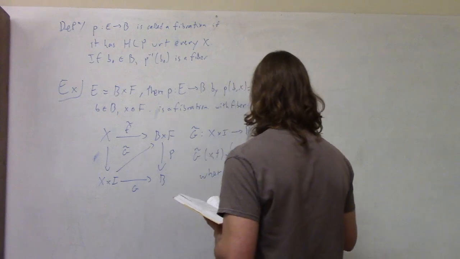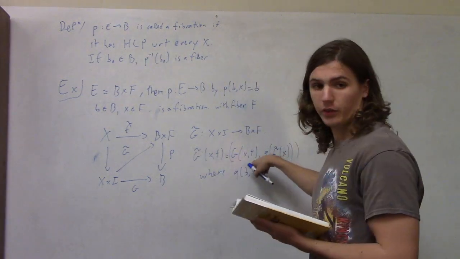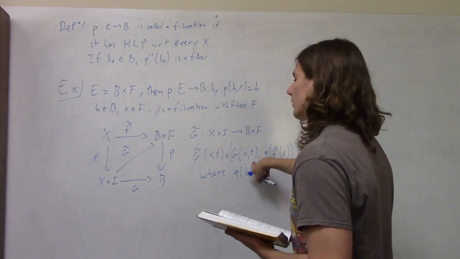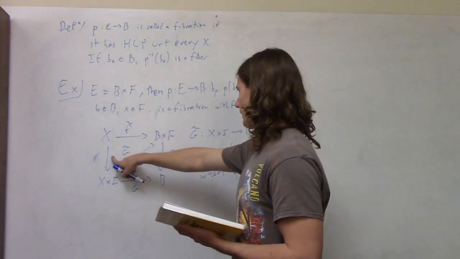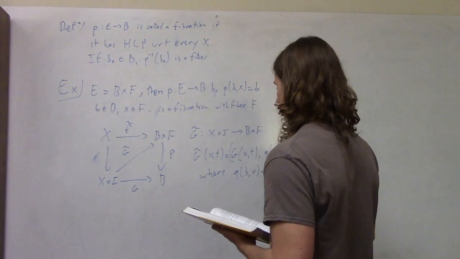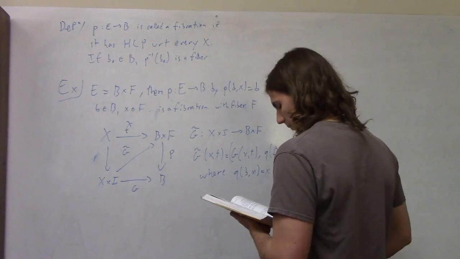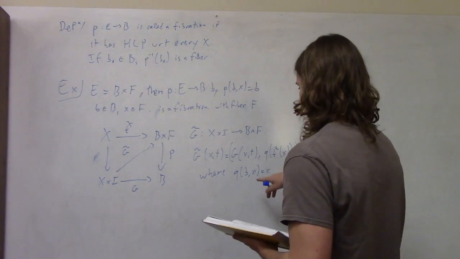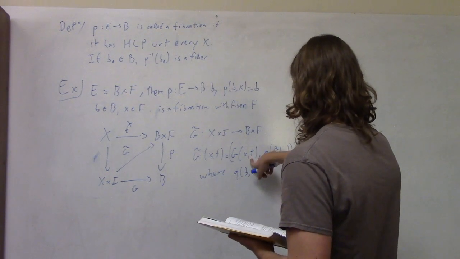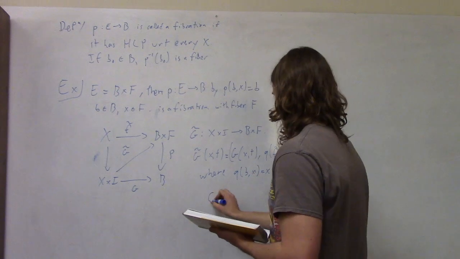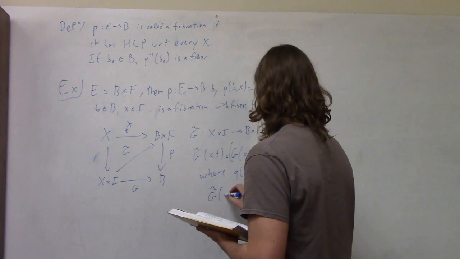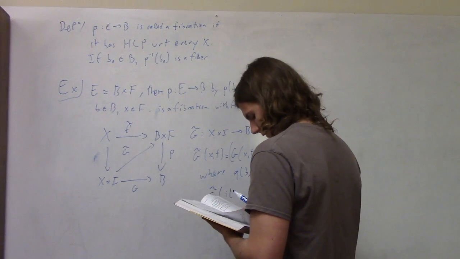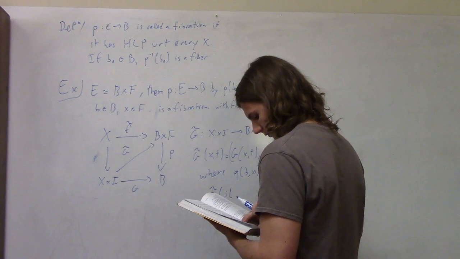So P composed with G tilde just gives the first part, which is G. G tilde composed with I, where I maps to x0, gives G tilde of I of x, which is G of x comma 0, comma f tilde of x.